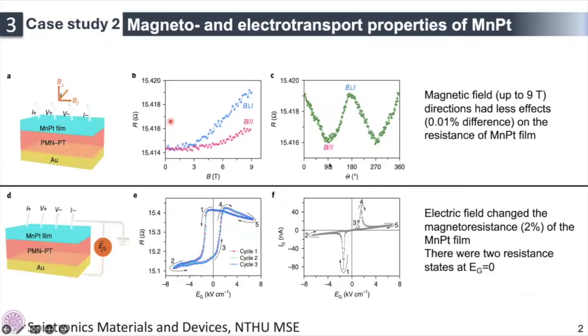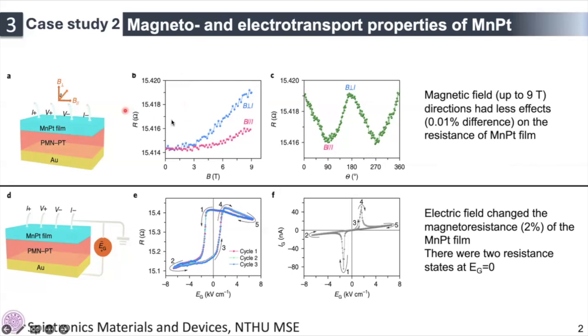We first check the magnetoresistance of this manganese platinum and PMN-PT structure. There are two configurations. The first one is the intrinsic property of the manganese platinum. The structure is in figure A, and the 4-point probe was placed on top of the manganese platinum thin film.